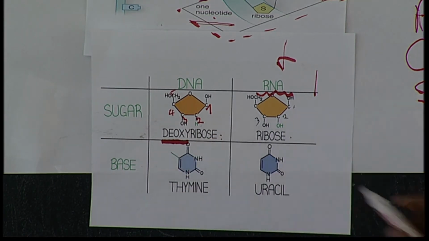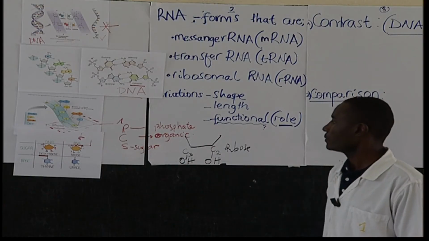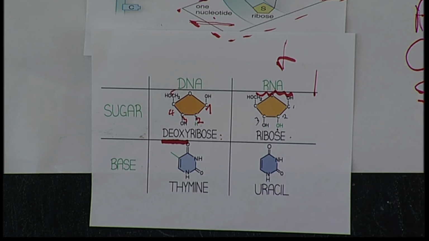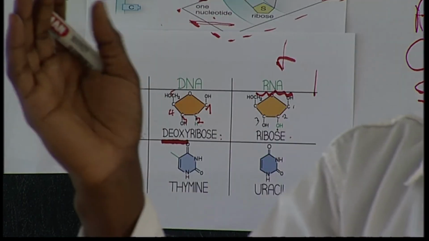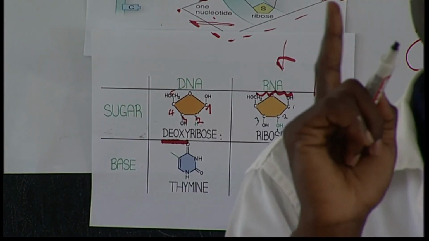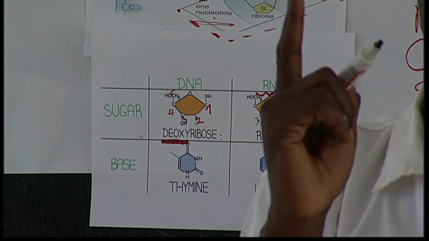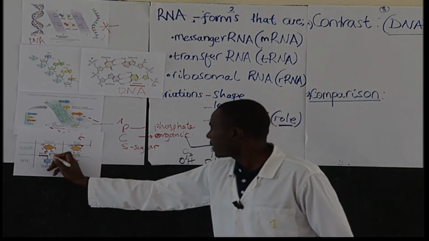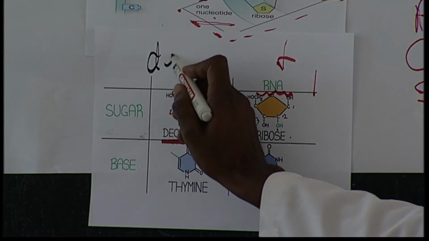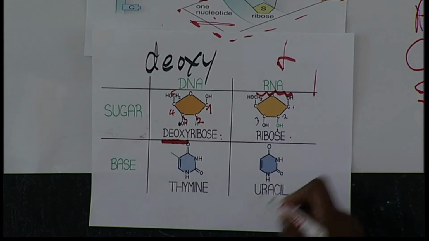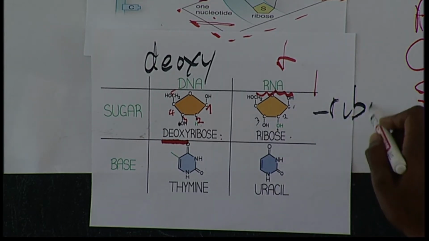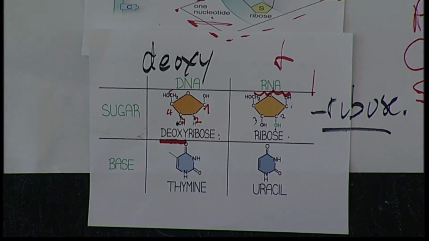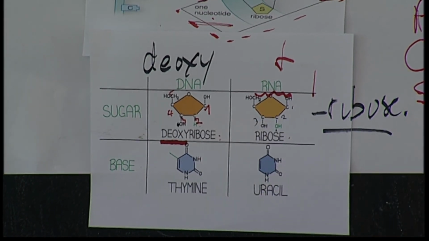But on the second, so which is this, we have O. Here we have only H. So it means, therefore, that one structure is less in terms of oxygen atoms by 1. So we shall say deoxy, while here we say a ribose. So it has one more oxygen atom along this position. That's where the difference comes from.